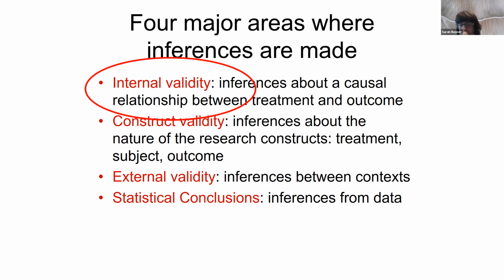Again, if you read the chapter by Coe in the textbook about inferences, it was largely focused on the second bullet point, construct validity and validity in measurement. But we're looking here at internal validity, assuming that you have measured your variables appropriately, your inferences about the causal relationship between treatment and outcome.